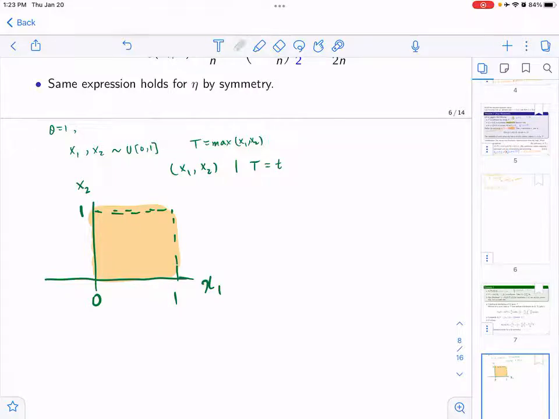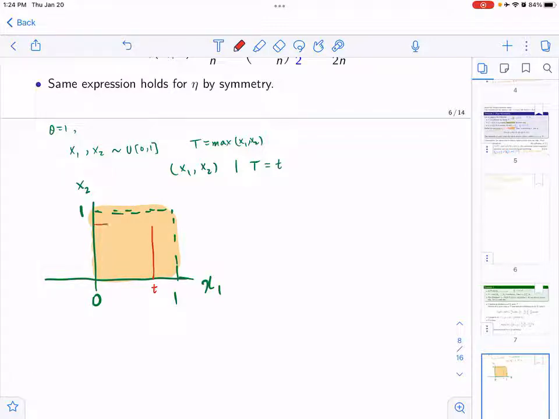So that's exactly what will happen, because the maximum, basically t equal to t, the location is either x1 is equal to t, right? X1 is the maximum, which is going to be equal to t, in which case x2 could be from 0 up to t, it can't be bigger than t, otherwise the maximum would be the other one.